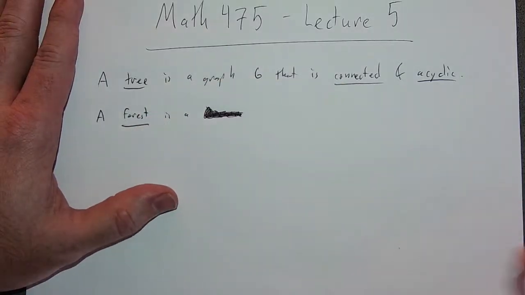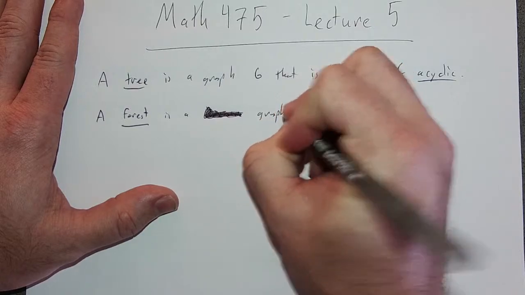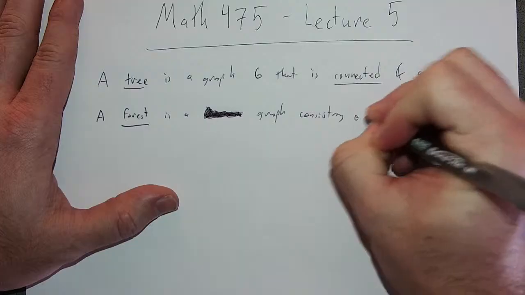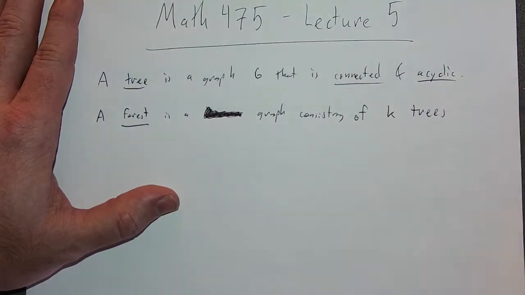So a forest is a graph consisting of k trees.